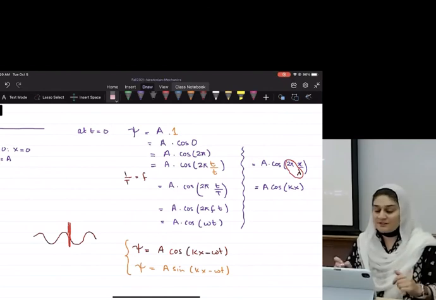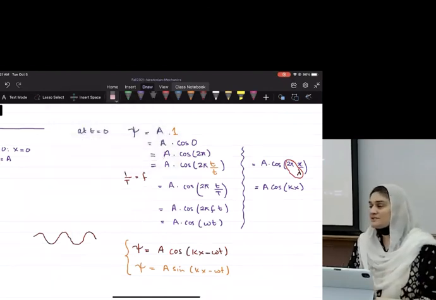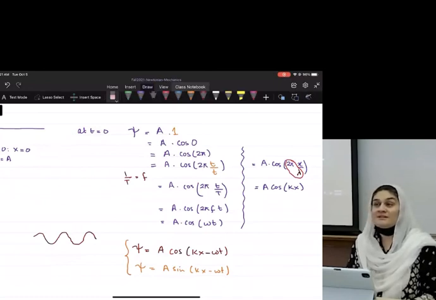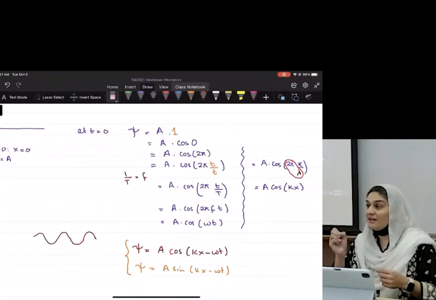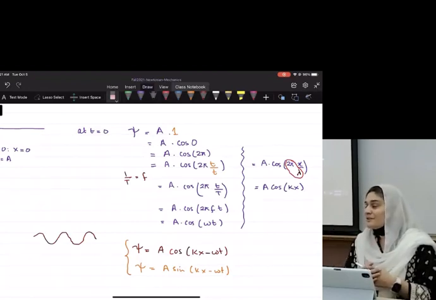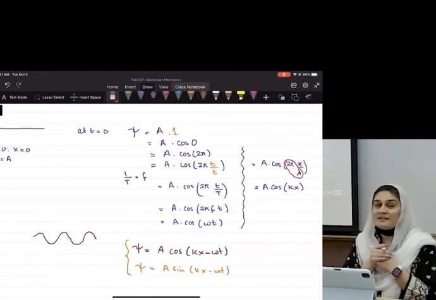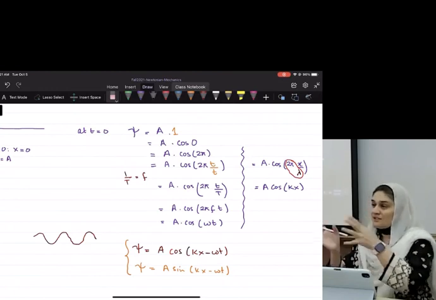That's the only difference. If I don't tell you where these things start, you can't tell me if it's a sine or a cosine. And you also may have seen it written as e to the i kx minus omega t. Same exact thing. Euler's formula says e to the i theta plus e to the minus i theta equals sines and cosines, right?